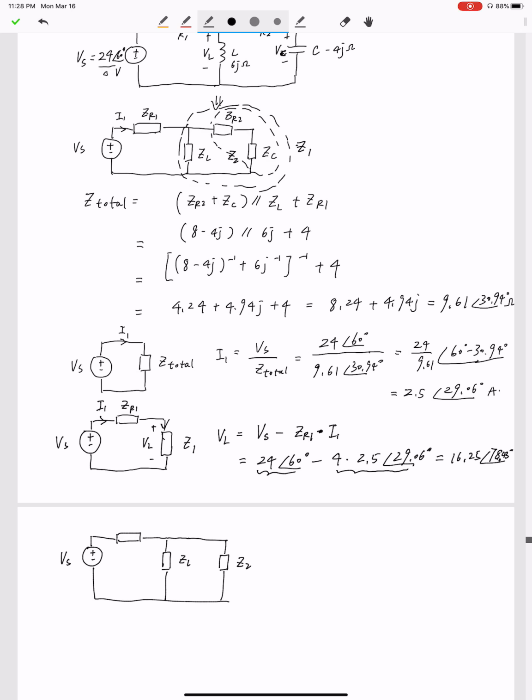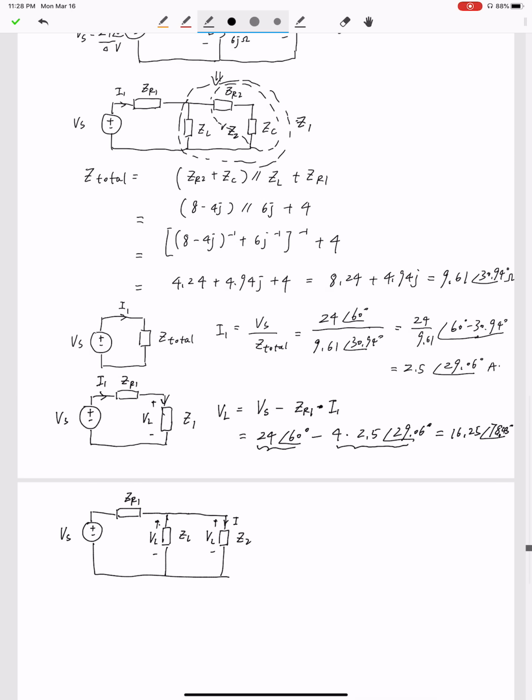Z2, as we indicated here, is the combination of ZR2 and ZC. The voltage on ZL is VL, and the voltage on Z2 is also VL because ZL and Z2 are connected in parallel. And after we find VL and Z2, we can find the current flowing through Z2, and that is I2.